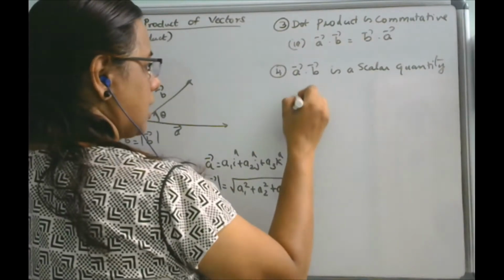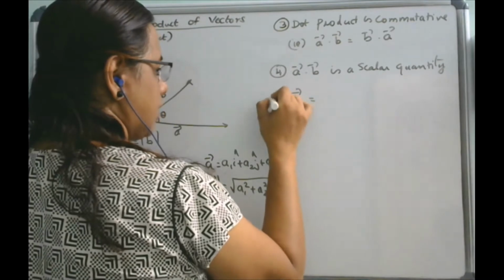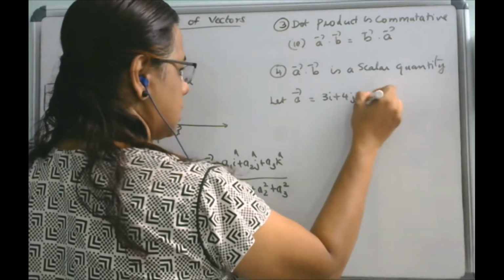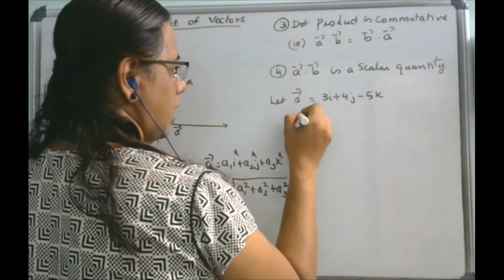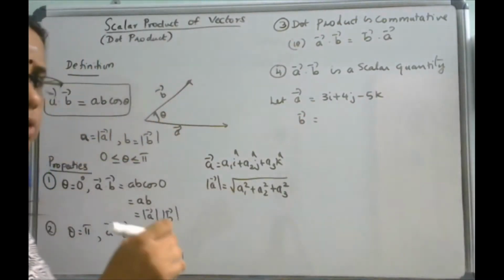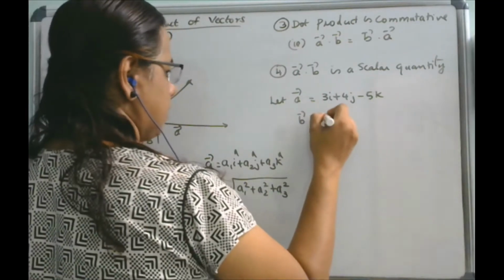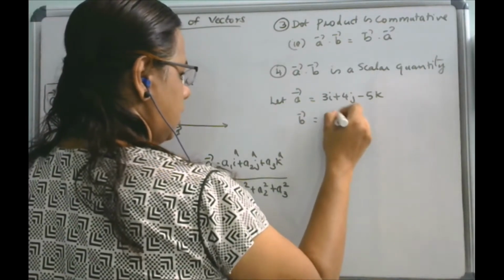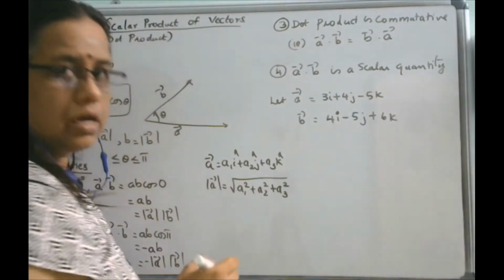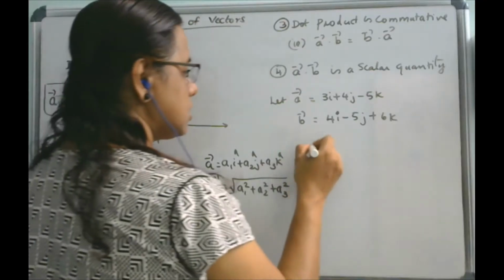Because suppose I take a is equal to 3i plus 4j minus 5k, and b is equal to, whatever, 4i minus 5j plus 6k. And I need to work out this a dot b.